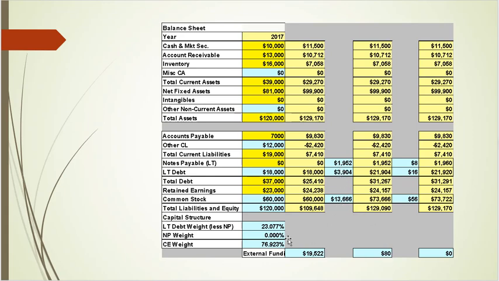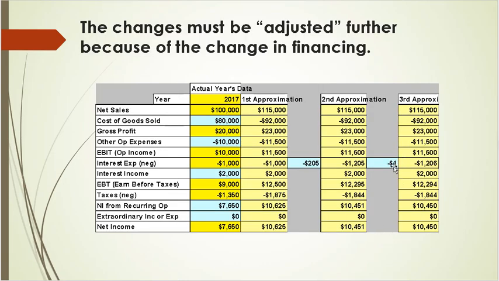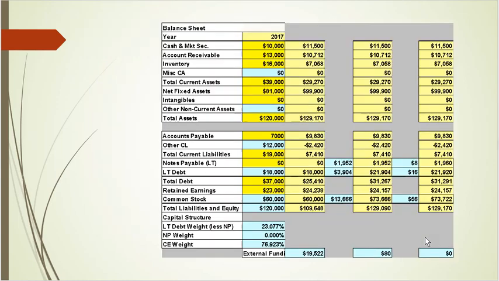Here are the changes in the capital structure that we had predicted. We still need to do $80. So again, it redistributes it and shows us how that's ultimately going to affect our income statement. So the third approximation is $10,450 in net income.